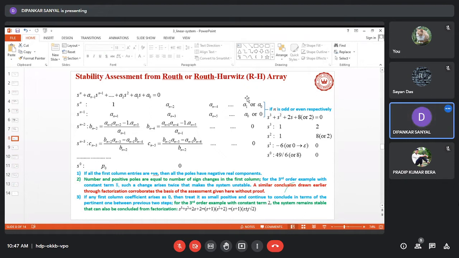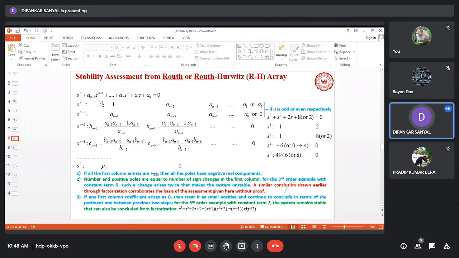Depending on how many terms we have, if we have say 8 terms, 4 will go to this group and 4 will go to this group. But if it has 7 terms, 4 will go to the top line and 3 will go to the next line, and the last entry of the second line will be a 0.